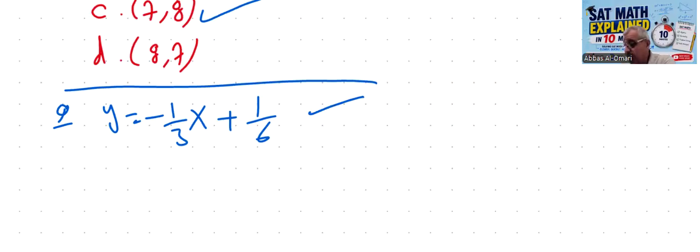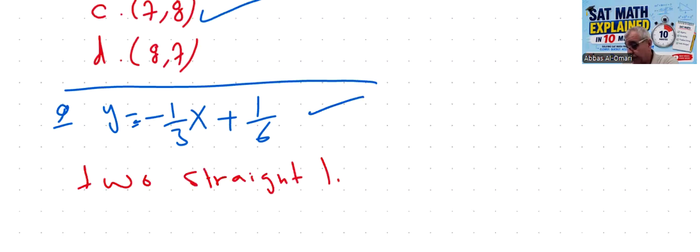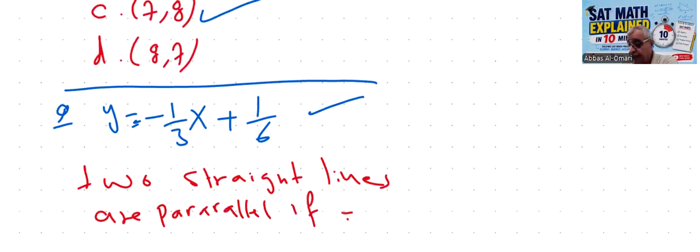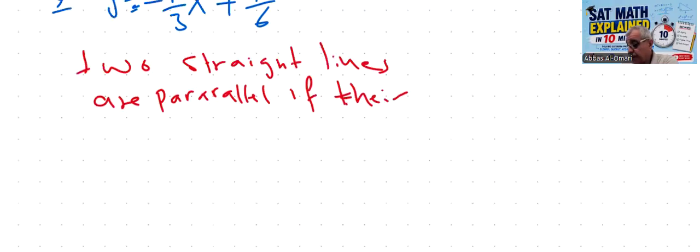Now the rule is that two straight lines are parallel if their slopes are equal.